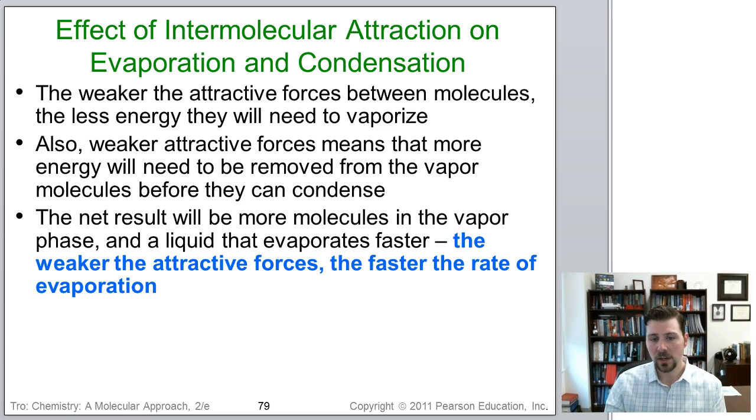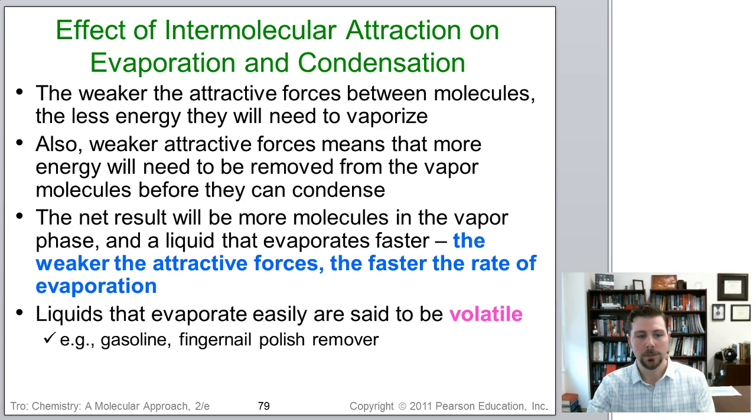That means high intermolecular force means low evaporation rate. Actually, there are some liquids that have such a high intermolecular force that they don't evaporate. It's kind of interesting: a whole class of liquids called ionic liquids. Some of them evaporate, but many of them don't.